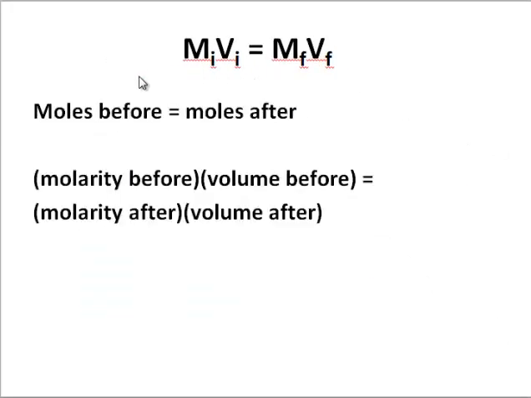Let's consider the dilution process. The number of moles does not change. Moles before equals moles after. Therefore, the molarity before times the volume before, which is equal to the number of moles before, is equal to the molarity after times the volume after.